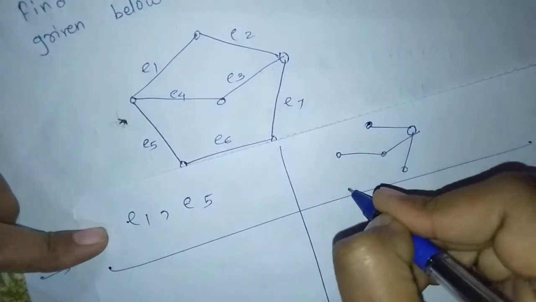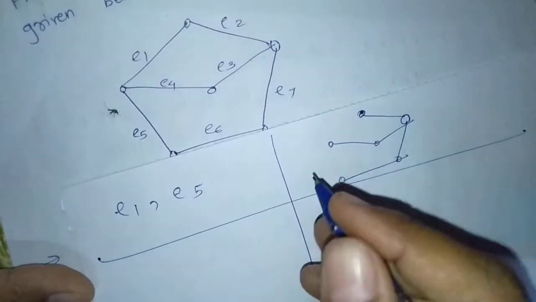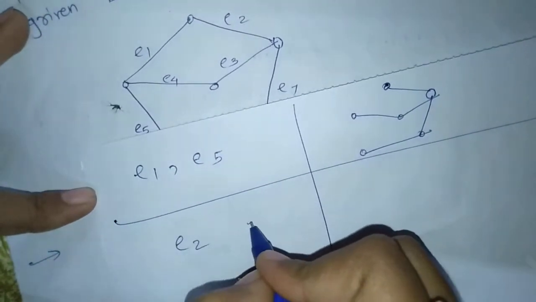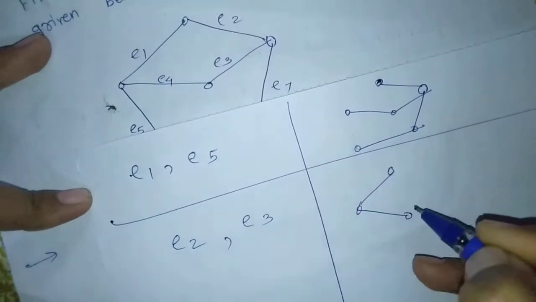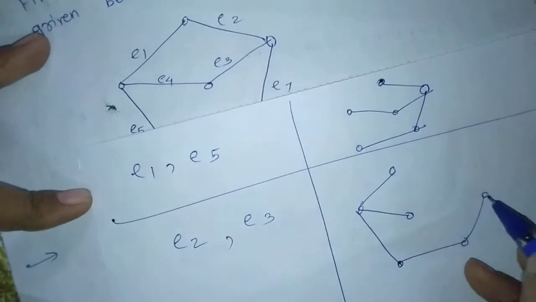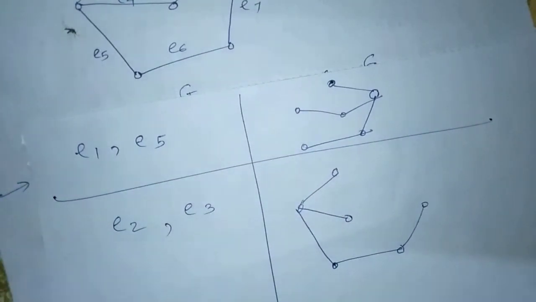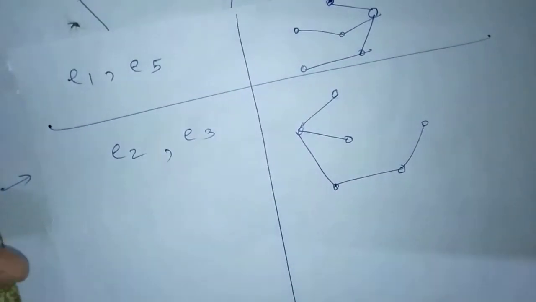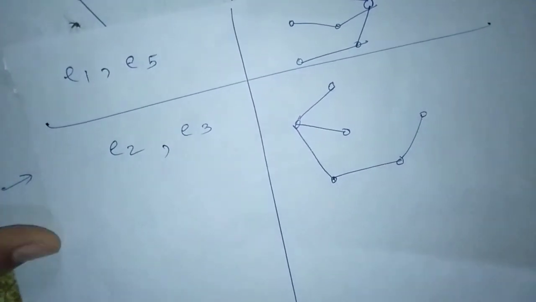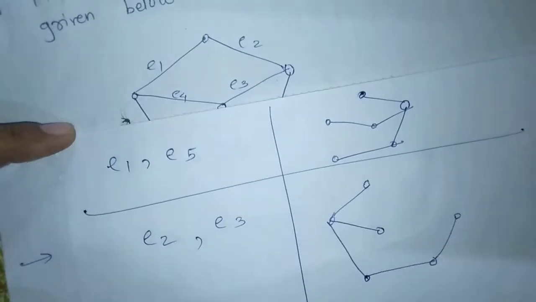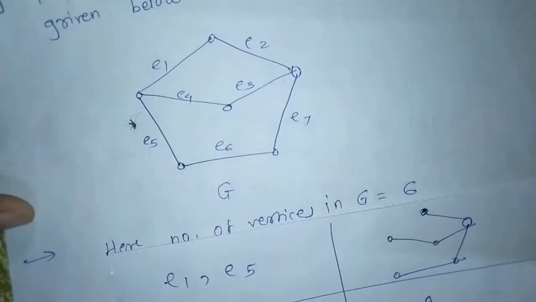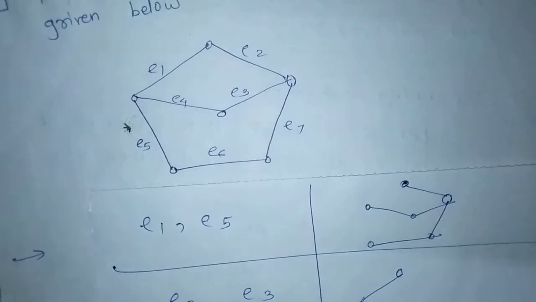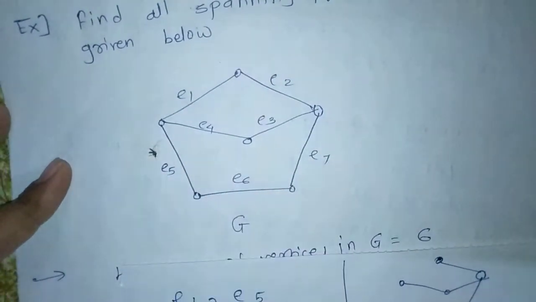Okay, similarly if we delete E2, E3, we get a spanning tree like this. So there is a path between every pair of vertices. Similarly you can delete E1, E6; E2, E4; E1, E3; E4, E7; E1, E7; E4, E5; E4, E6. Okay, so this is your job to find the remaining spanning trees of this graph.